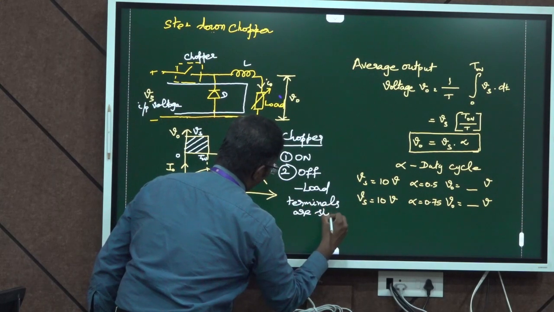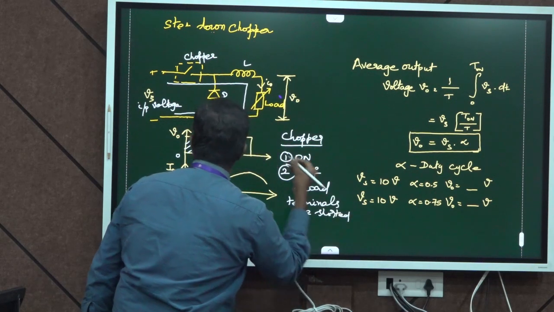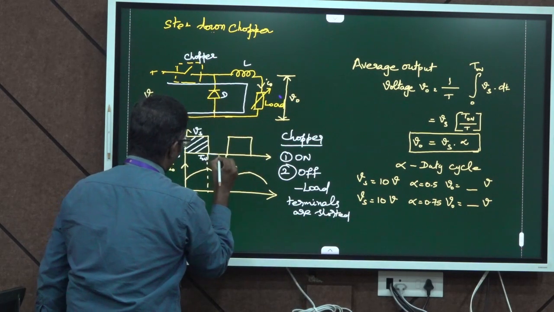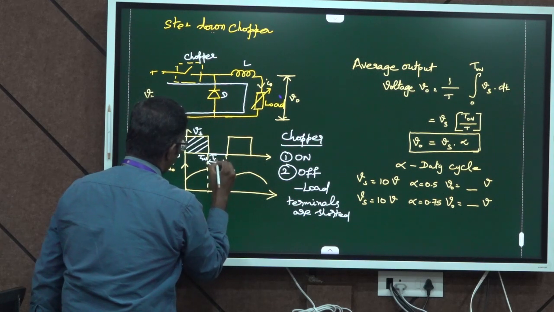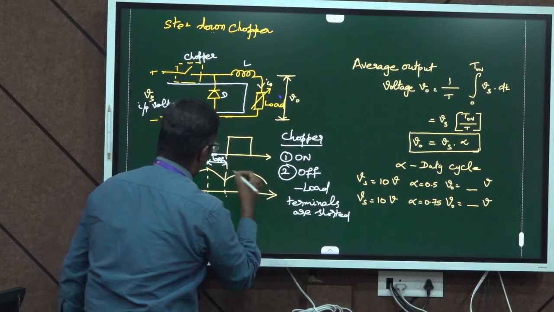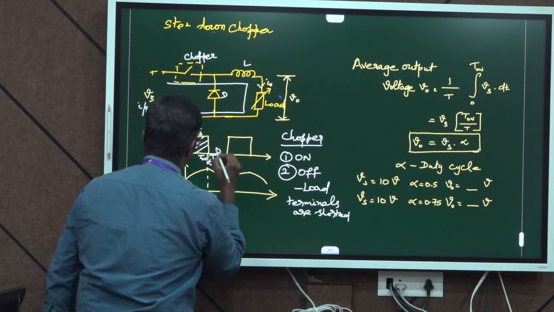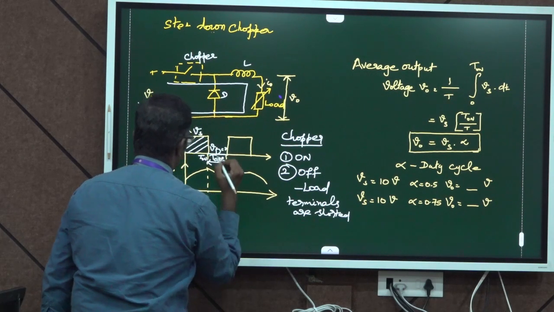So, what will happen if the load terminals are shorted? Then the output voltage V0 will be equal to 0. This is the off time period. During this time period the output voltage V0 will be equal to 0.